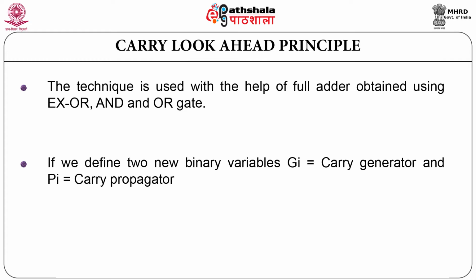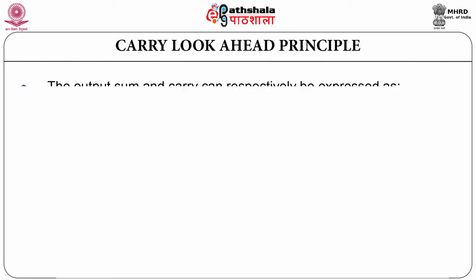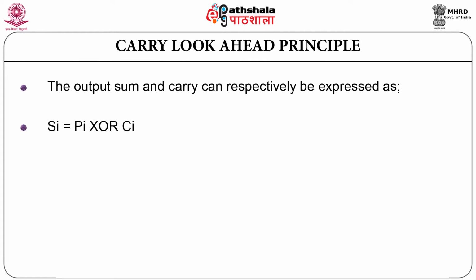Let us use the same expression as for the half adder and obtain Pi and Gi. Pi is equal to Ai exclusive OR Bi and Gi is equal to Ai Bi. The output sum and the carry can respectively be expressed as Si is equal to Pi exclusive OR Ci and Ci plus 1 is equal to Gi plus Pi Ci.